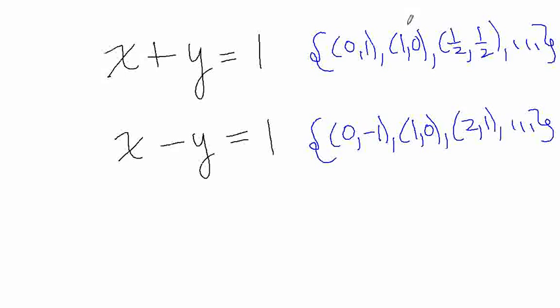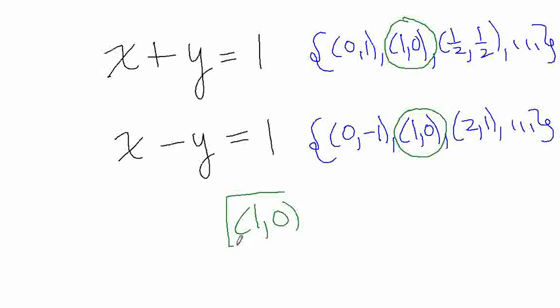Can you see that (1, 0) is present in both? So the solution to this pair of linear equations is the single point (1, 0). Okay, again, because it satisfies both linear equations.